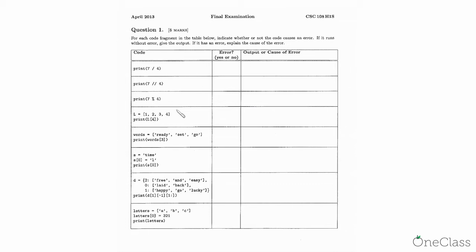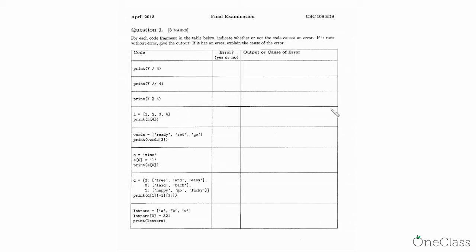The next one is about lists. So L equals [1, 2, 3, 4]. You have a list which contains 1, 2, 3, 4, and you want to print L[4], which is the 5th element in the list. Remember that Python is zero-based, so 4 means the 5th element. In this case you have an error because the list only contains 4 elements.